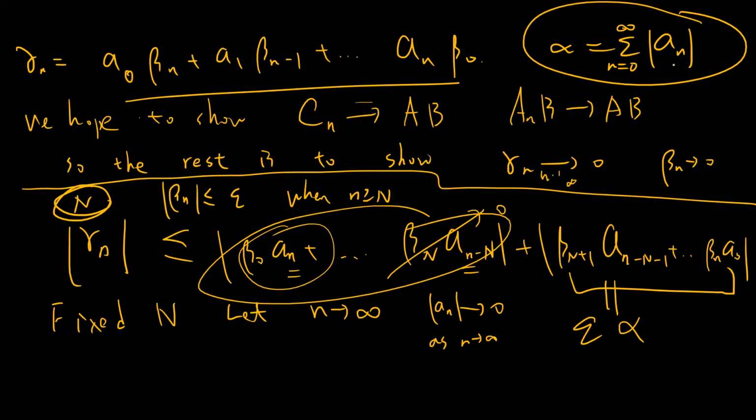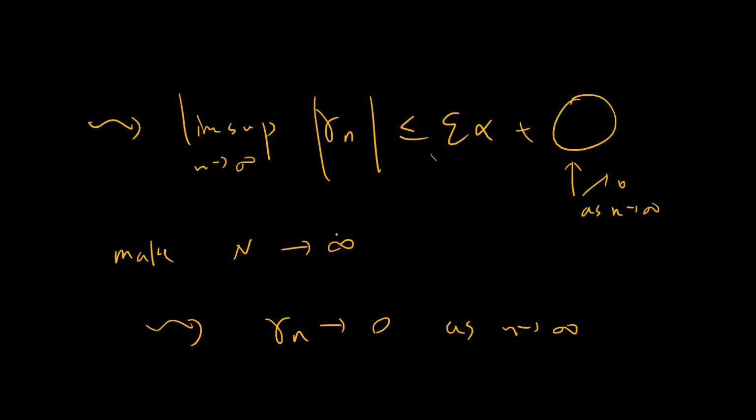So you use the convergence of a n to make the first term arbitrarily small. Then you use the convergence of b to make this epsilon arbitrarily small. So this limit sup of gamma should be less than or equal to any epsilon, which gives you 0.